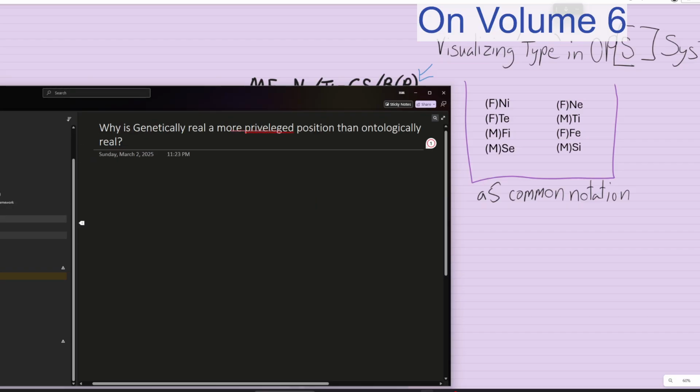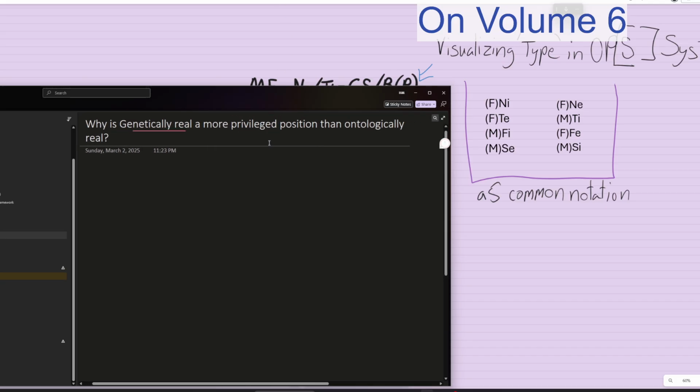Why is genetically real a more privileged position than ontologically real? That's in terms of theory, structure, and application/practice.